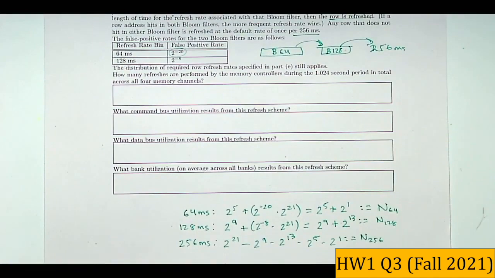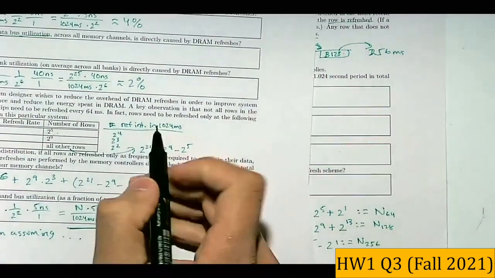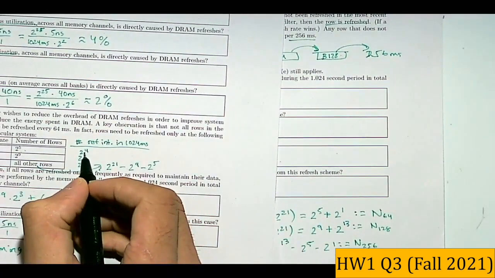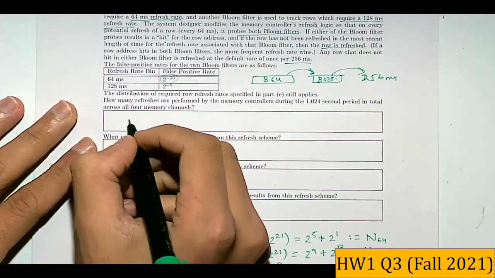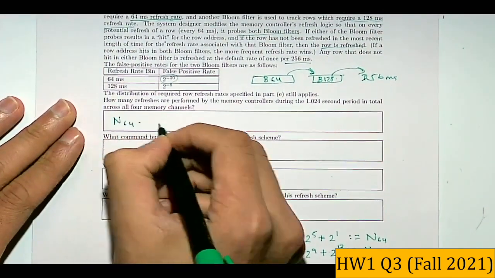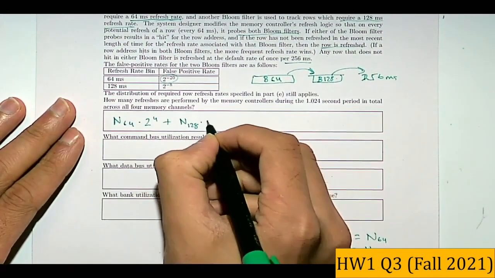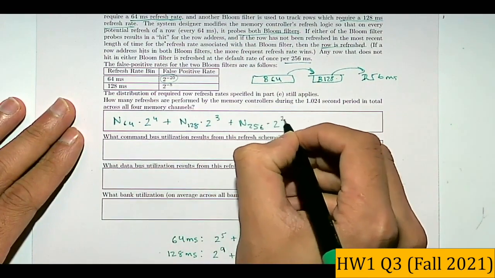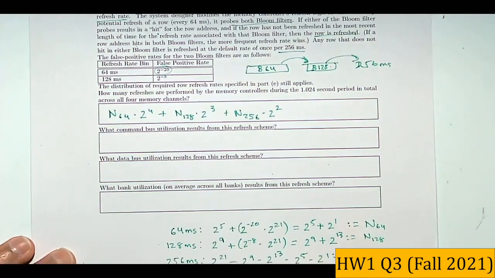And so we compute the number of refreshes using the same values as before. We have N64 rows that get refreshed 2 to the 4 times, N128 2 to the 3 times, and N256 2 to the 2 times. So we just write that here: N64 times 2 to the 4 plus N128 times 2 to the 3 plus N256 times 2 to the 2. So that's all that is. It's just computing a different number of rows.